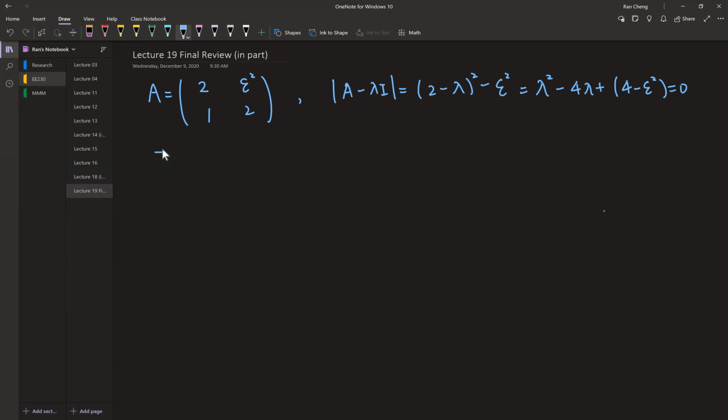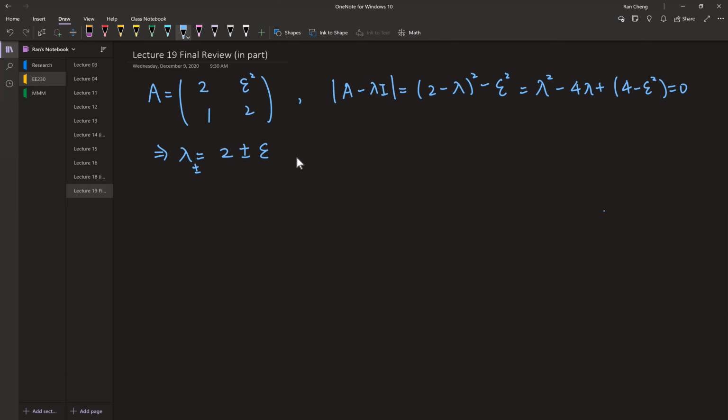So now we have two solutions, which I call lambda plus or minus. This is going to be 2 plus or minus epsilon. Here, epsilon is a real number. It can be any value.